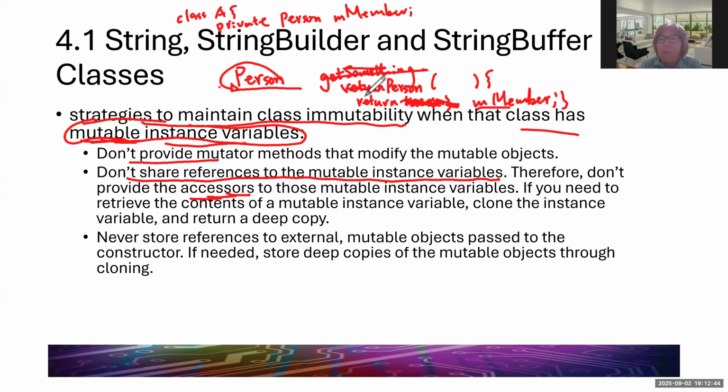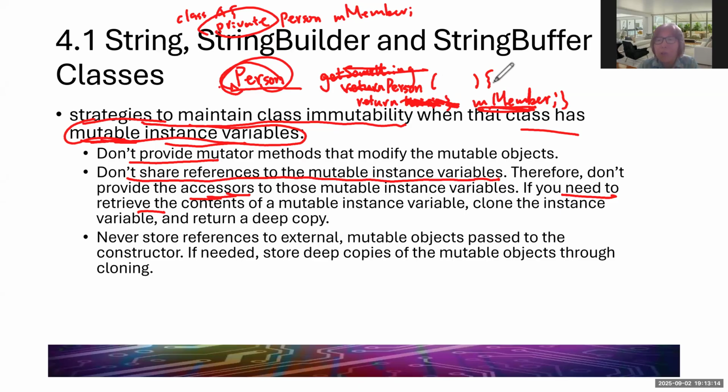So for our return method, it returns that member, which is a Person. Basically, you return the object itself, and then you can still modify it. So here, we don't provide access to those mutable objects. If you do need to provide it, then we shouldn't provide the member itself because this is supposed to be private.